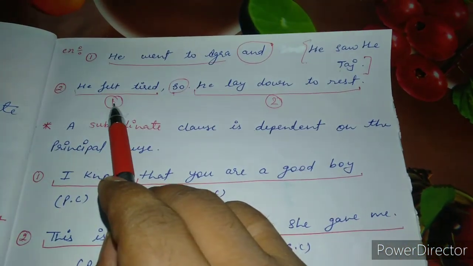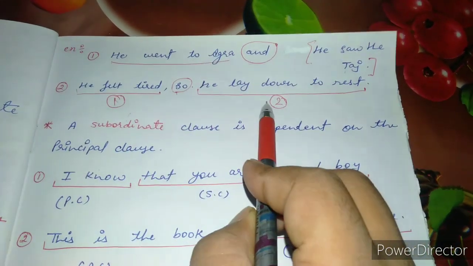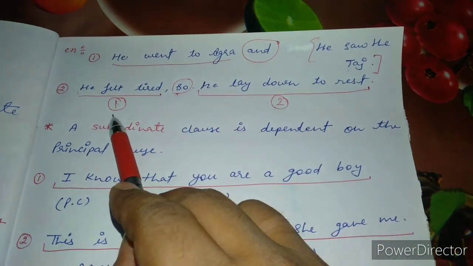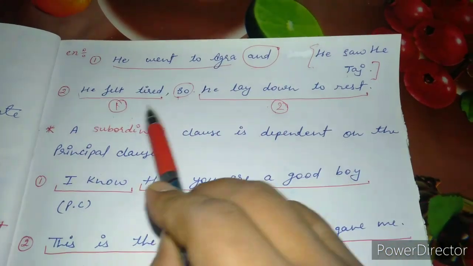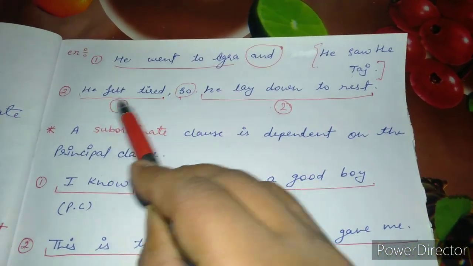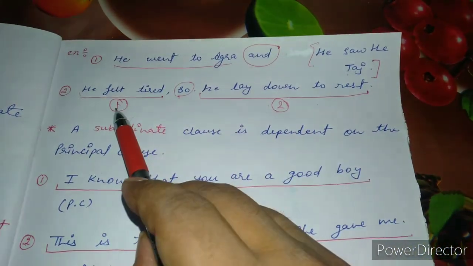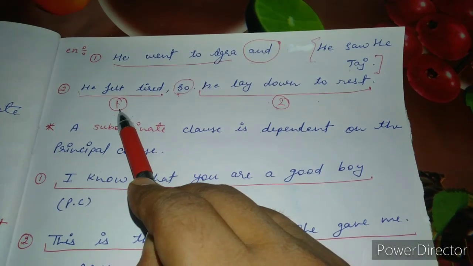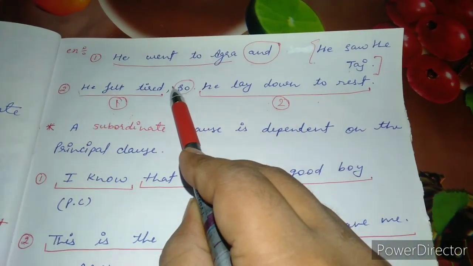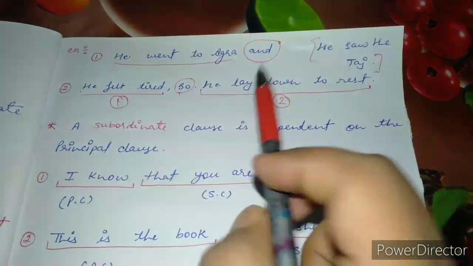So what you have to understand, this is principal clause number 1, principal clause number 2. Two principal clauses connected with a coordinating conjunction are called a coordinate clause. Clear?